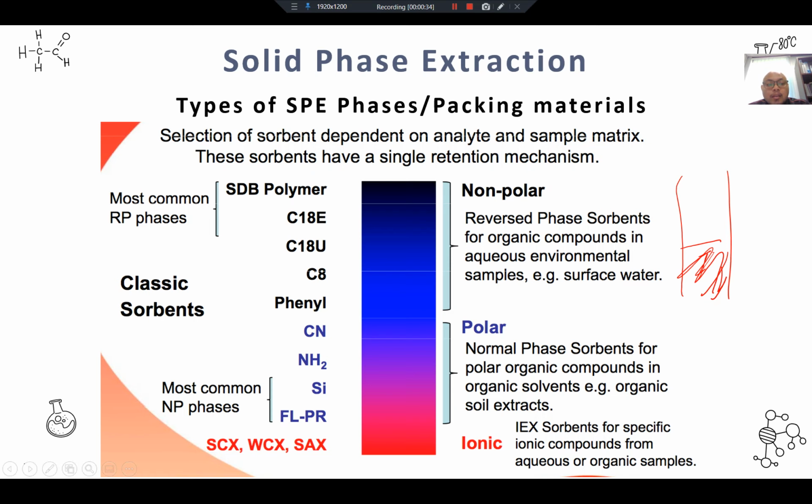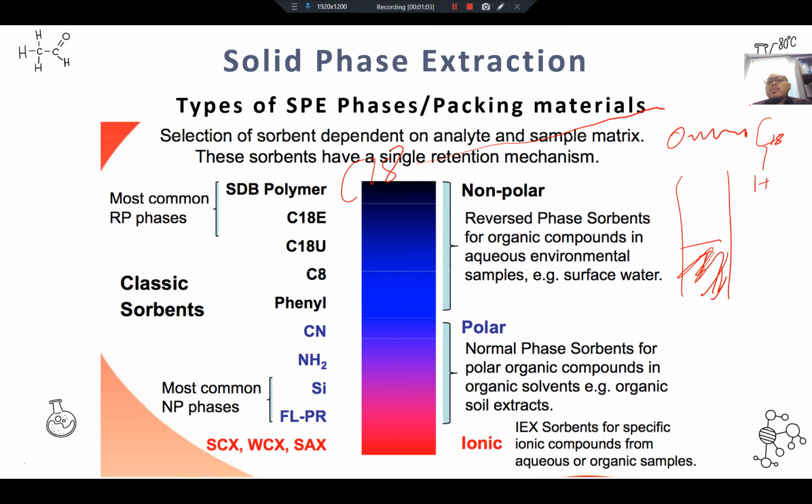Okay, so we have a lot of things over here. We have the C18, C8, C-phenyl, CN, NH2, blah blah blah. You need to remember at least one of these. Okay, usually C18 is non-polar, because we attach the solvent with the N-alkane that has 18 carbons.